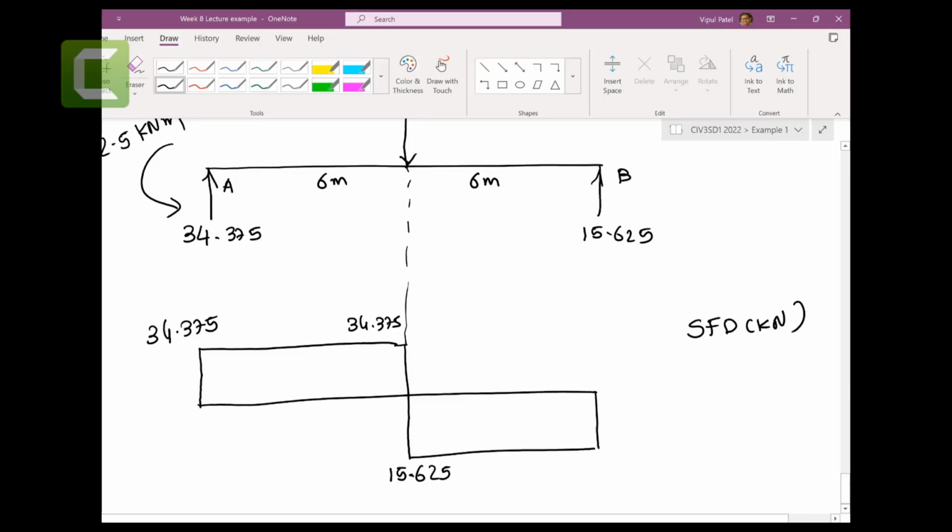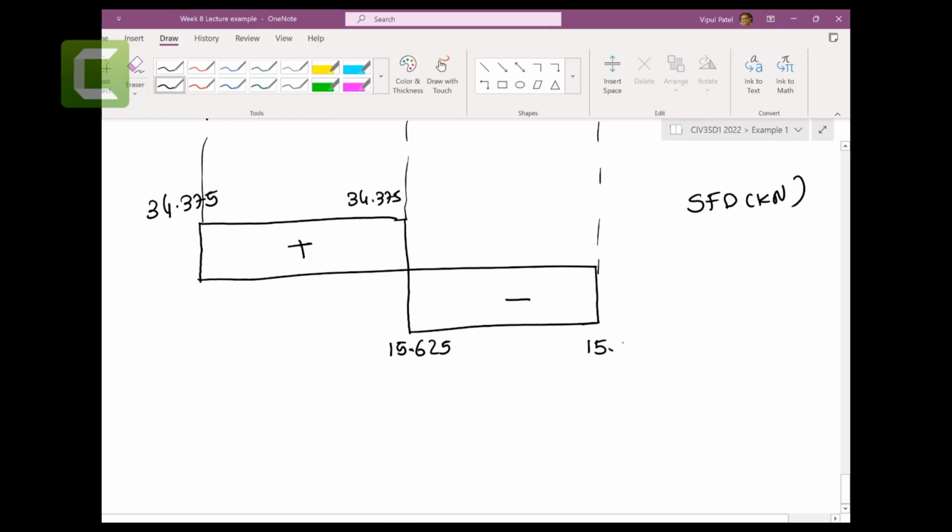Match it up here. This is minus, this is plus, and this is 15.625.